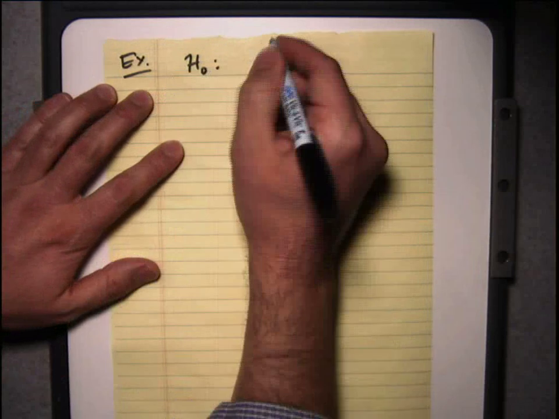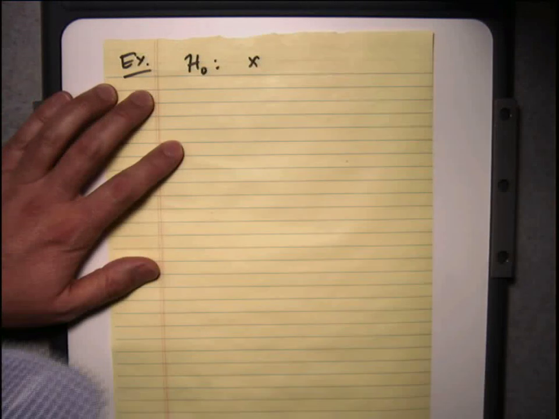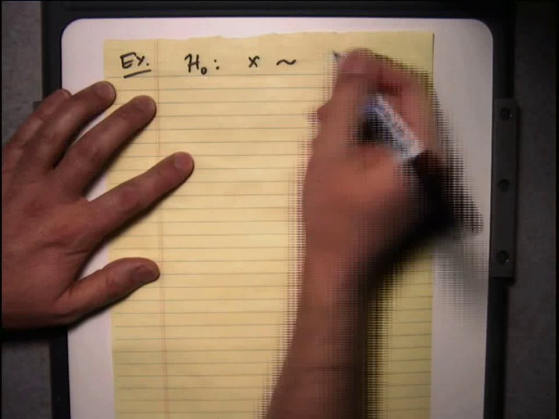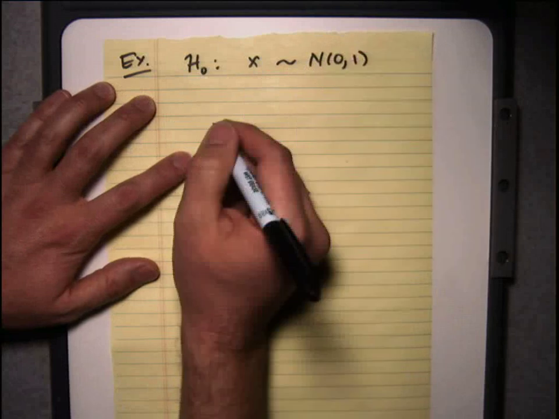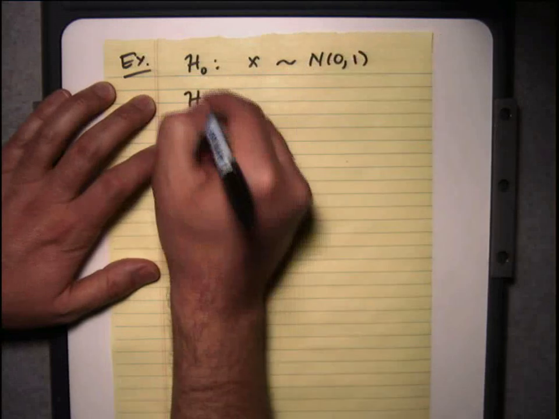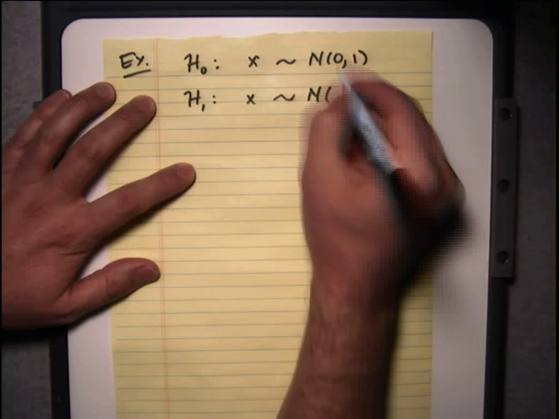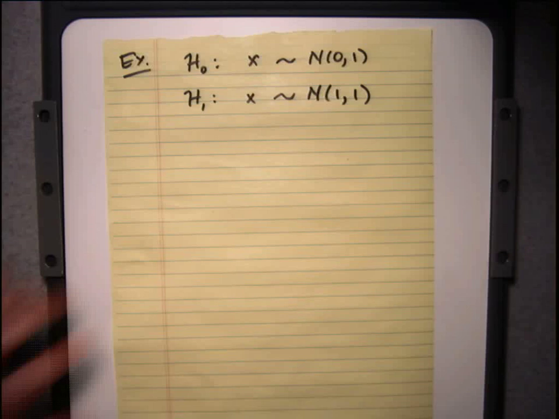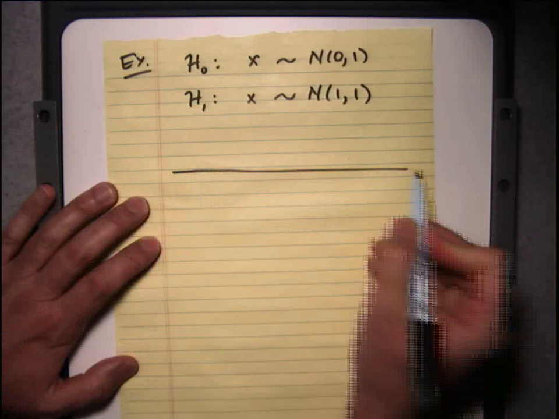Under H0, you have some data point x, just a single number, not even multiple measurements, just a single number. This is distributed as a Gaussian with zero mean and unit variance. Under the other scenario, x is distributed again as a Gaussian, but the mean is different this time. It's 1, and the variance is still 1. Okay, so let's draw the picture for this situation.